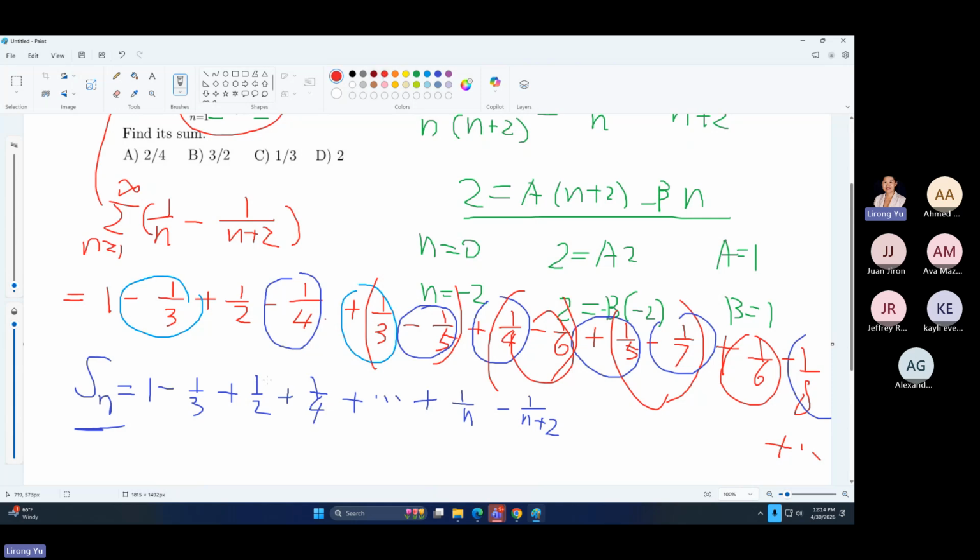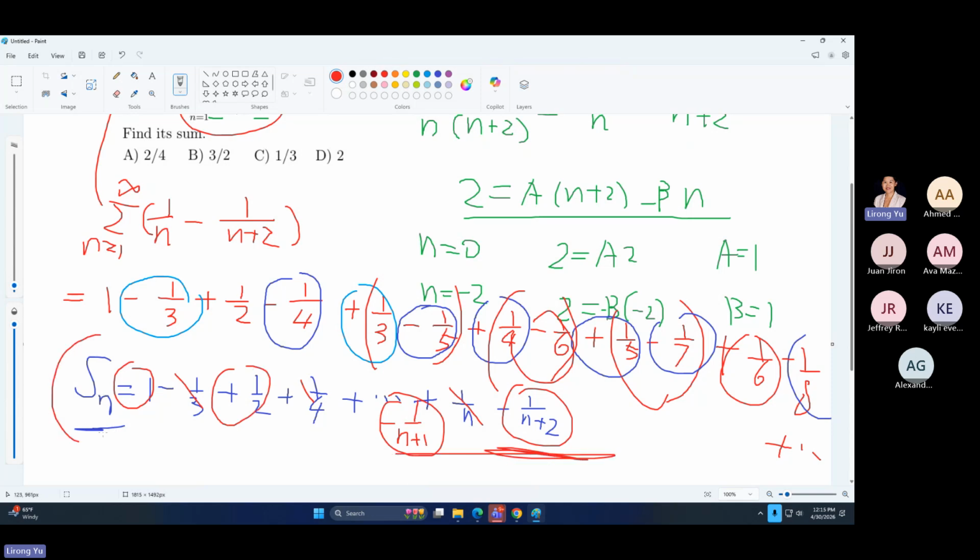Then we see some cancellation. The only ones left are negative 1/(n+2), negative 1/(n+1), I think, and these two. When n goes to infinity, those terms go to 0, so the limit of S sub n is 3/2. So the final answer should be 3/2.